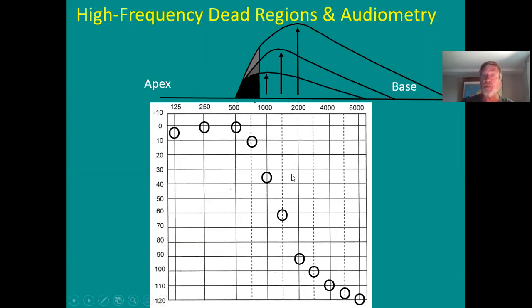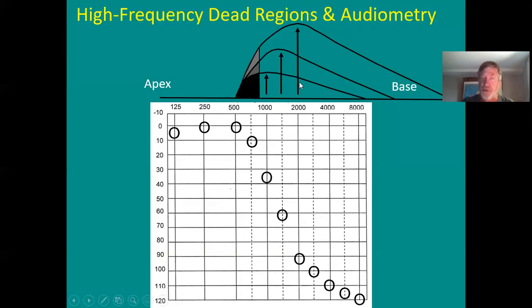Look what happens when I present 1,000 hertz here. Make it loud enough, the front of the wave stimulates these living hair cells. 1,500 hertz, I've got to make it quite a bit louder for the front of the wave to still stimulate these living hair cells.